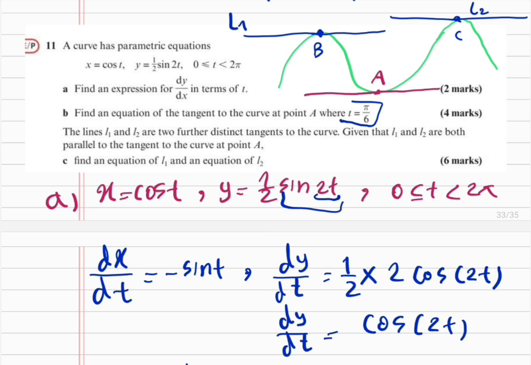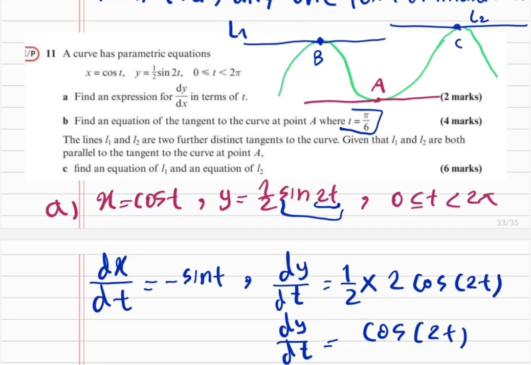So let's see how we can find that. Before I begin, let me just remind you that parallel lines have equal gradients. The gradient of the line that passes through A is -1. So that means we can immediately realize that lines L1 and L2 have gradient -1.